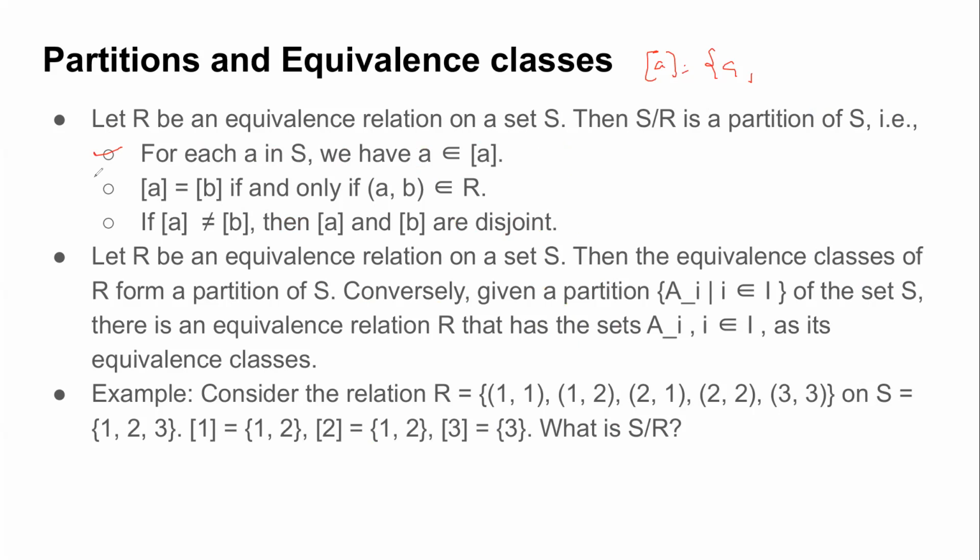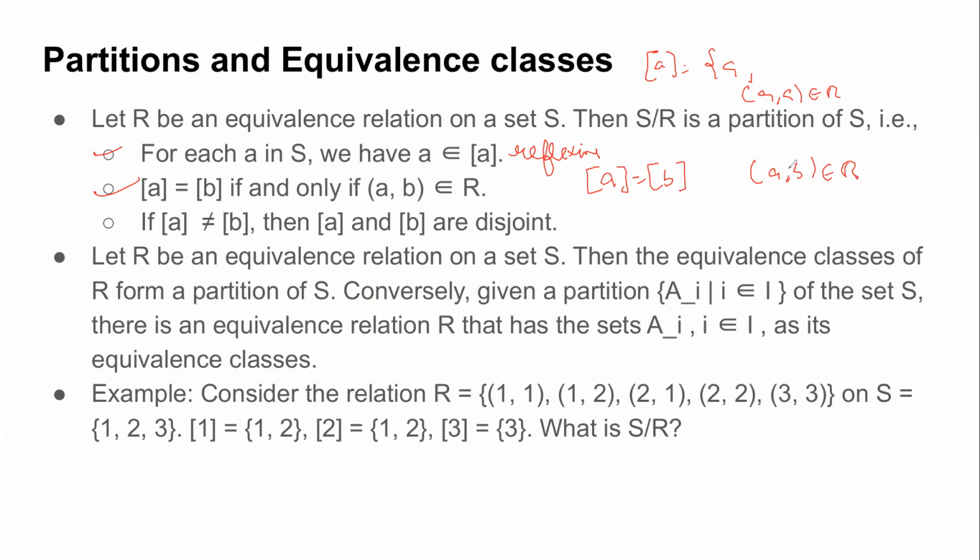Yes, class. Why is it assured that every element will be part of its relation? Excellent. Because of the reflexive relation, right? Because the pair (A, A) will always be in R, because equivalence relations are reflexive. The second important property is that the equivalence classes of two elements will always be equal if you find a pair in the relation.